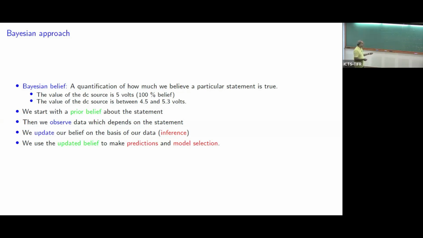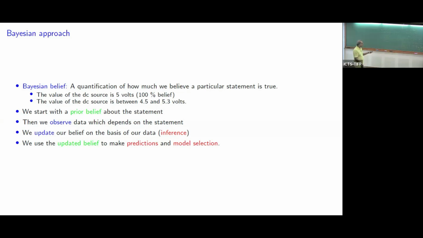Then I will see this data, these M_n, and based on this data I will try to revise these beliefs. Maybe somehow I was delusional and thought that it was summer, but it was actually winter. So when I see this data, I will have to revise my beliefs.